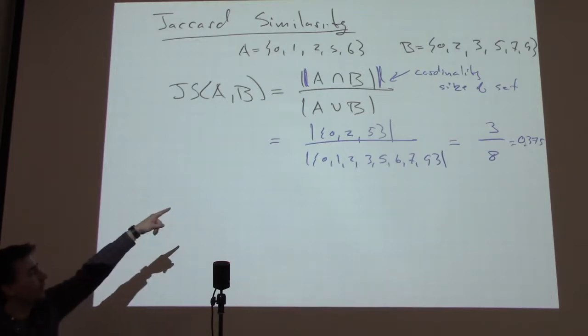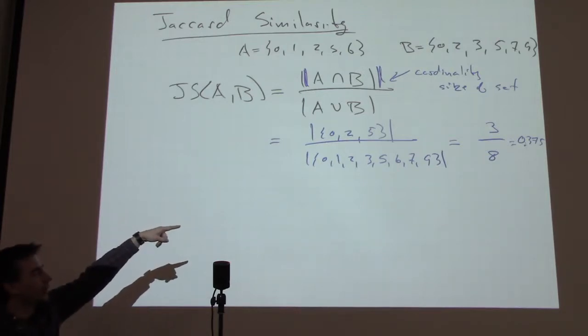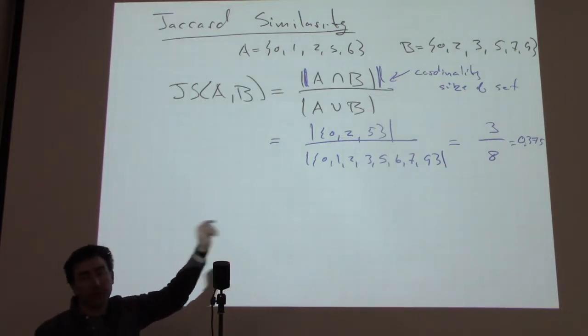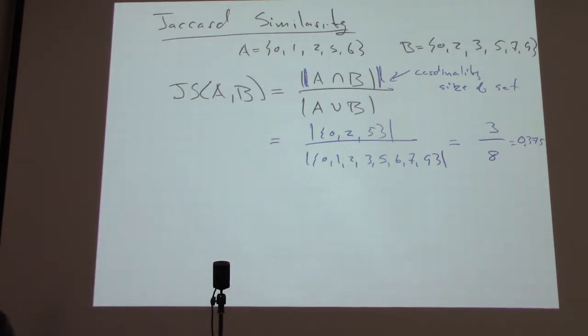I would increase the numerator and the denominator, so it'd be 4/9, which is bigger than 3/8. Okay, but that's not always the case. If clearly the overlap as a percentage of the union is getting bigger, then they should become more similar, and that's what the Jaccard similarity is capturing.